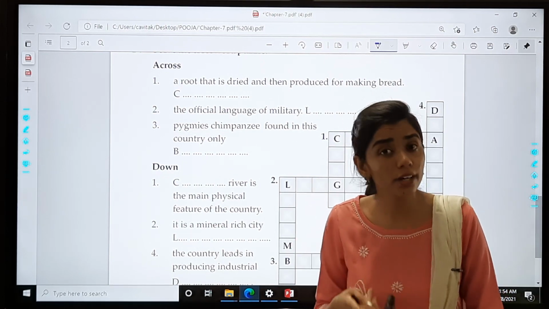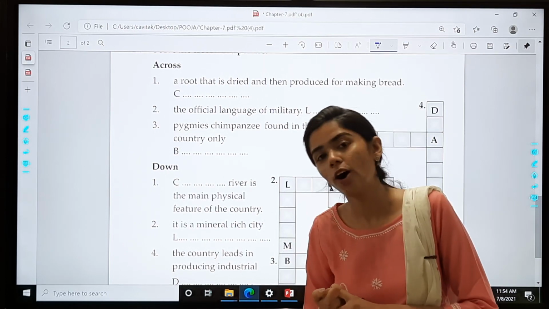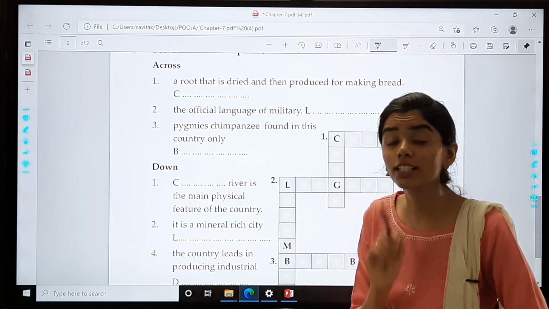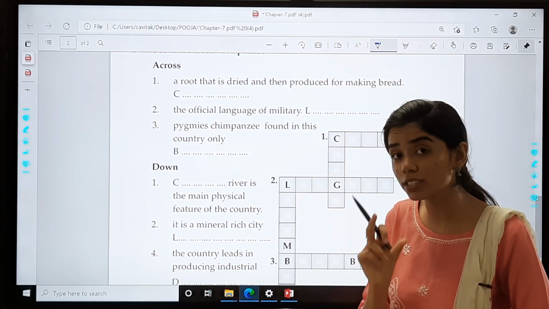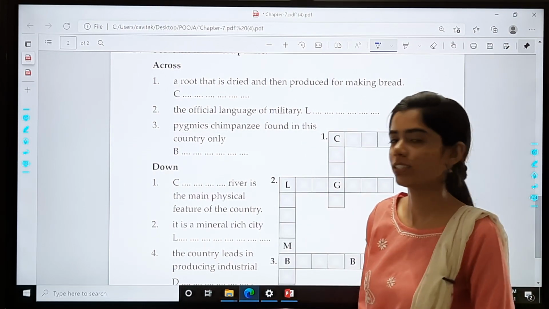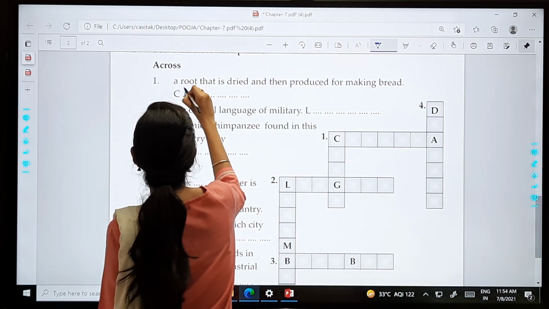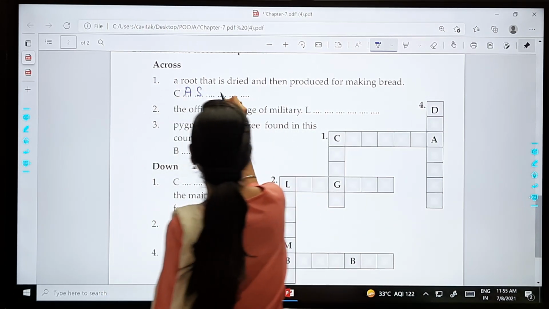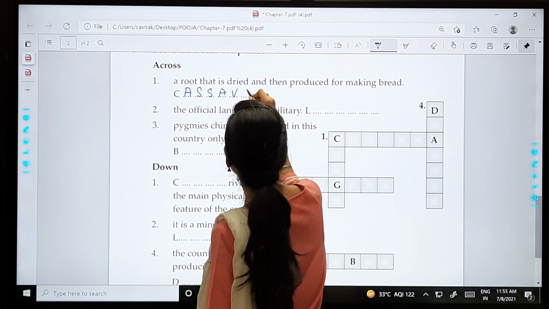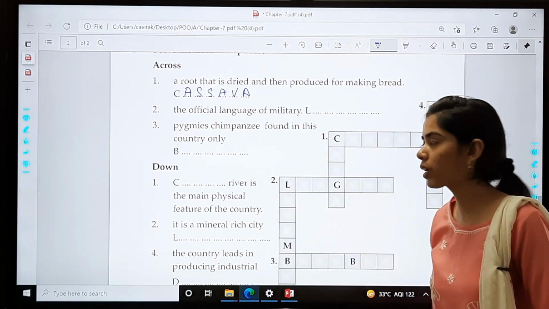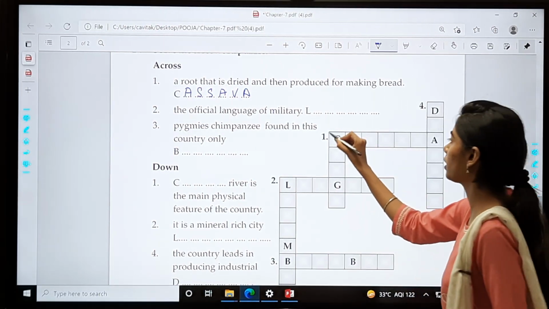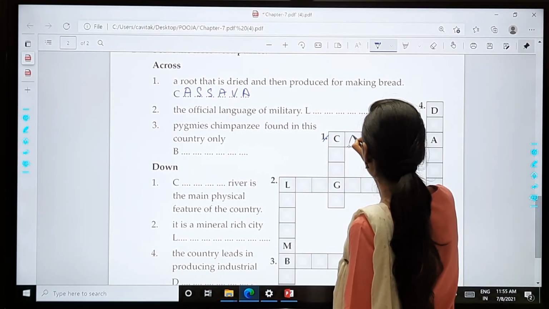We have studied about the agriculture, about the vegetation of this country. So I'll tell you the first one, that is cassava. Remember, we studied about cassava, that we dry the roots of it and we use it for making bread. So I'll write over here C-A-S-S-A-V-A. Okay, cassava. So over here, see, the first one is given, so I will complete it.